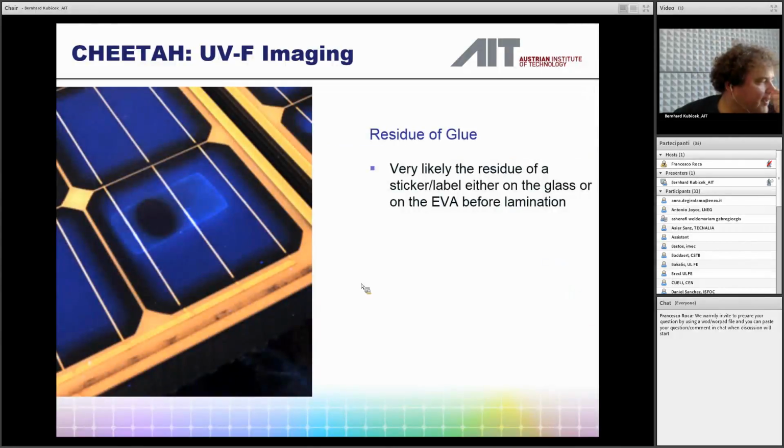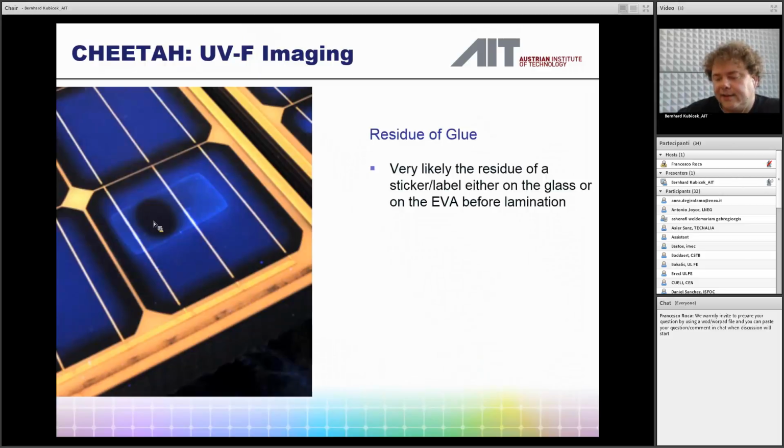Then we found this strange artifact twice, where you have, well, I'm not even sure how to describe it, a rectangular region in the cell that is brighter with a strange core. We've seen this also spread over two cells, so over a cell gap. So it cannot be originating from the cell. And we think it could be a label that was either on the EVA or on the front glass that was peeled off and there was some residual glue.